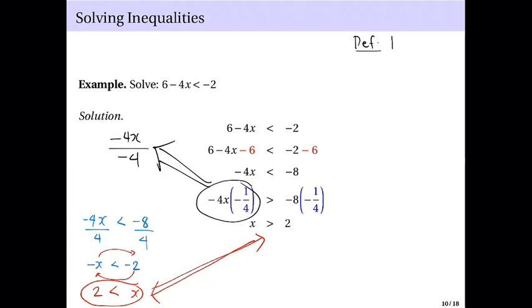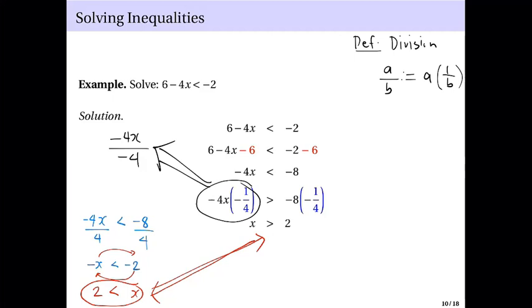You have your A over B, which is defined as A times 1 over B. So multiplying by the reciprocal is just dividing by the actual number.